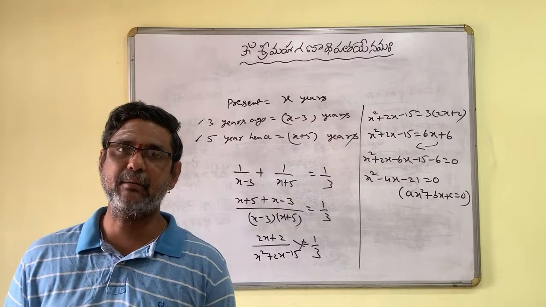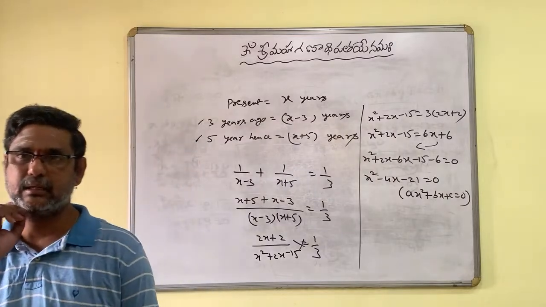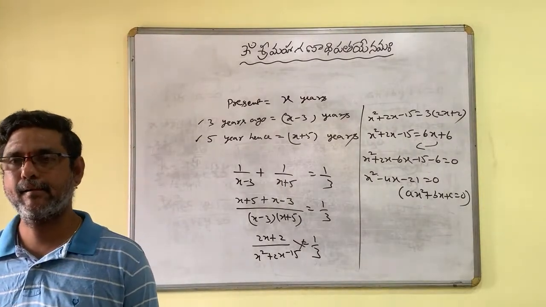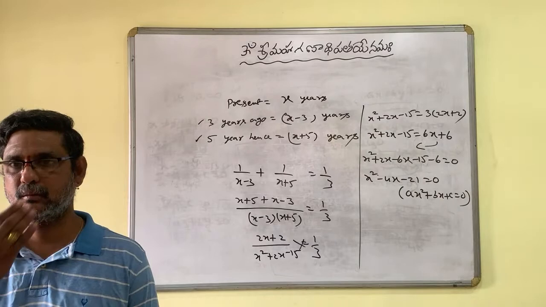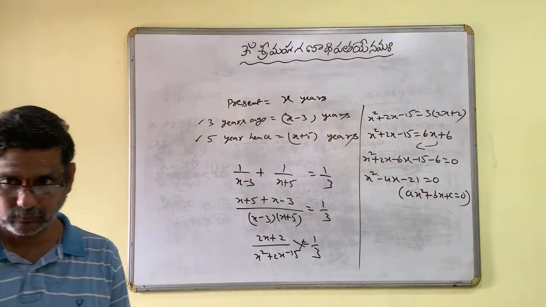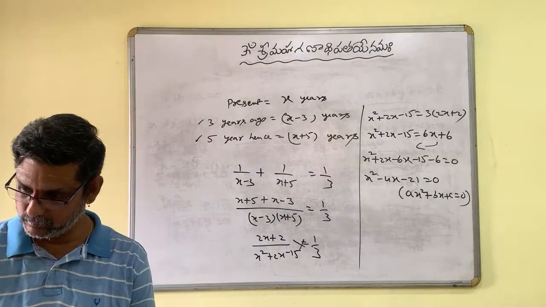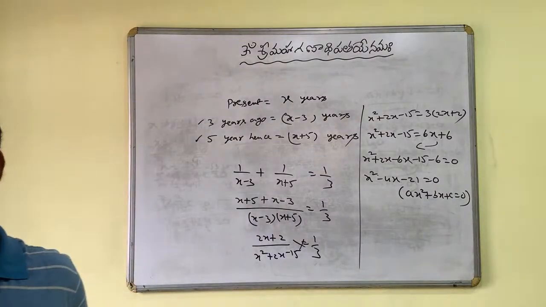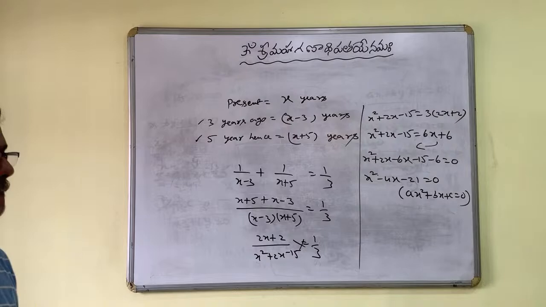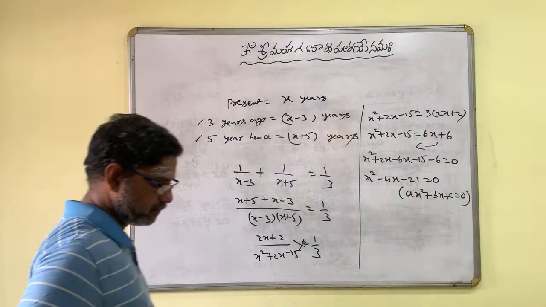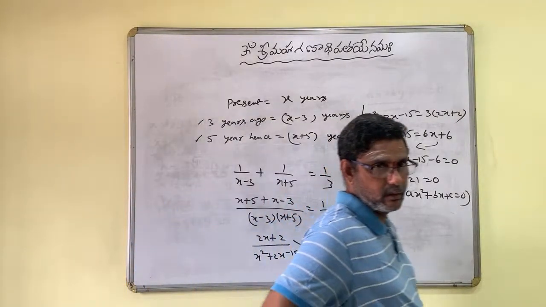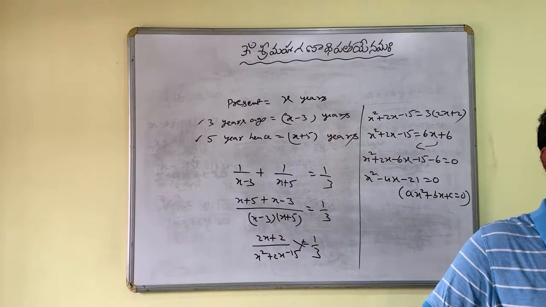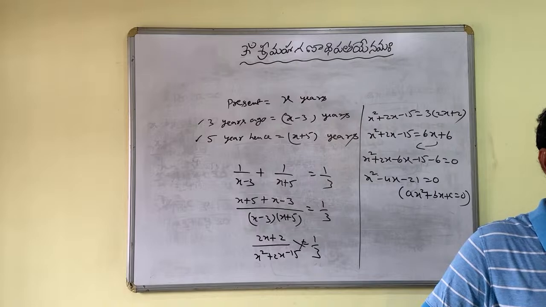Now tell me what is a, b, c? a is 1, b is negative 4, c is negative 21.